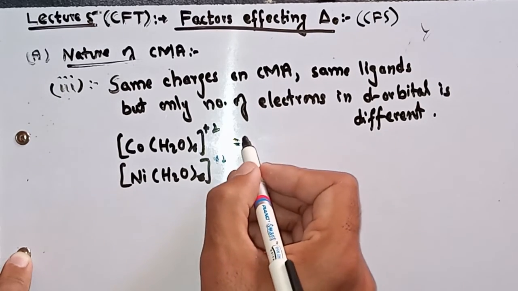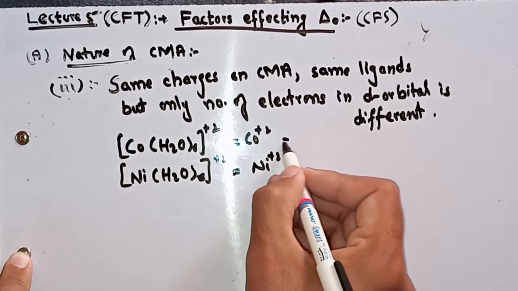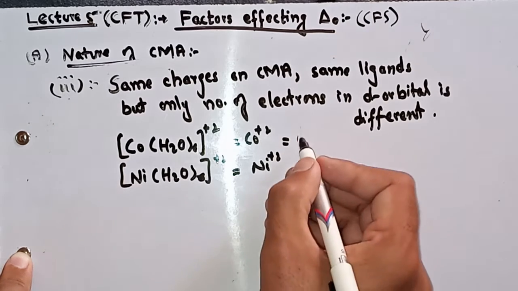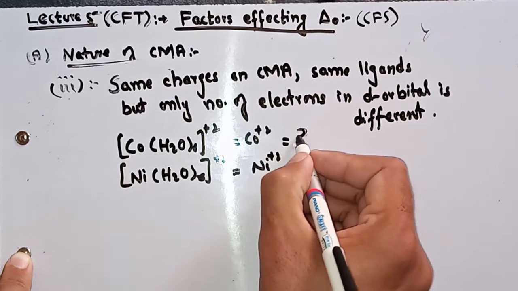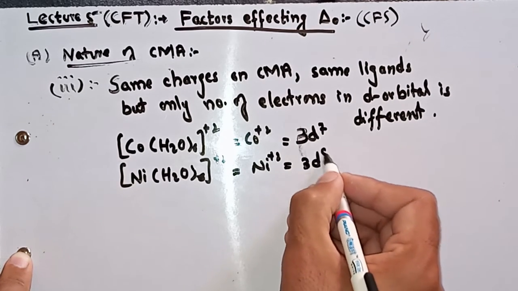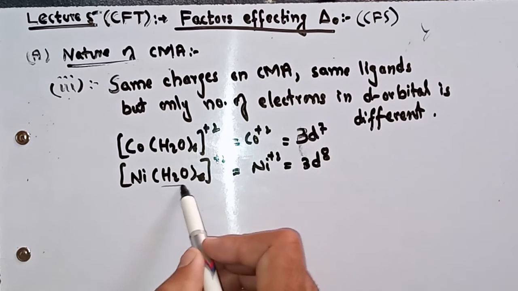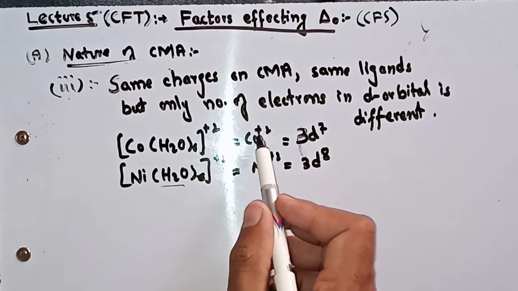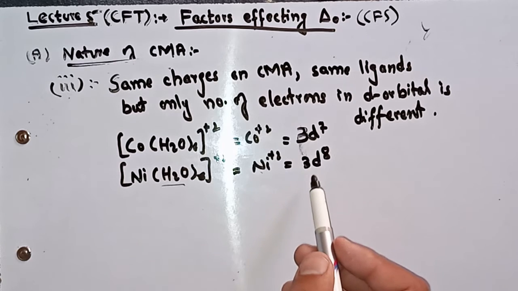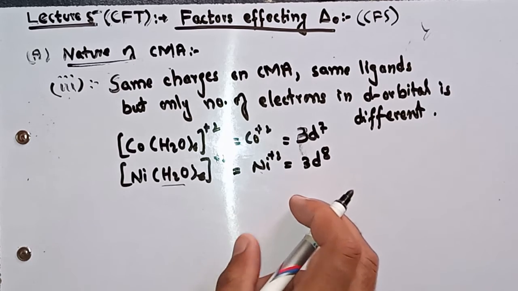Cobalt is plus 2 and nickel is also plus 2, but cobalt is a 3d7 system while nickel is a 3d8 system. The number of ligands and the oxidation state of both metal atoms are the same; only the number of electrons in the d system is different. What is the cause, and what will be the effect?